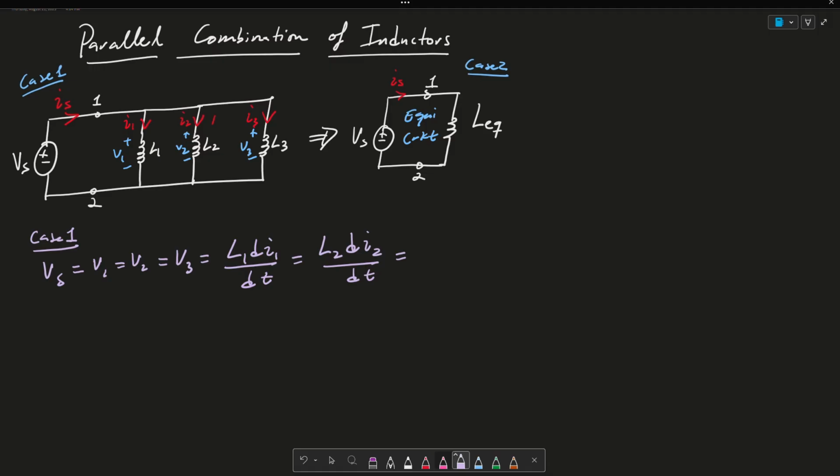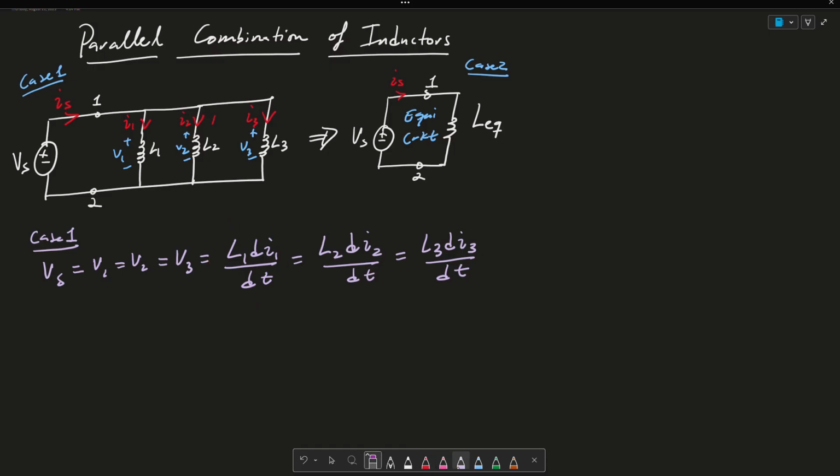And this is also equal to L3, the change in current I3 over dt, or the change in time. If you don't understand where these equations are coming from, please check out my in-depth inductor video, which is in this current playlist, for an in-depth explanation of how we come about with these equations for voltage across an inductor.